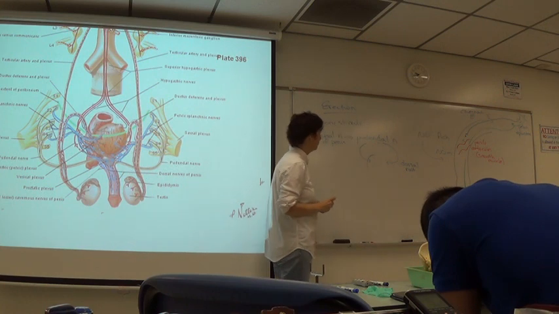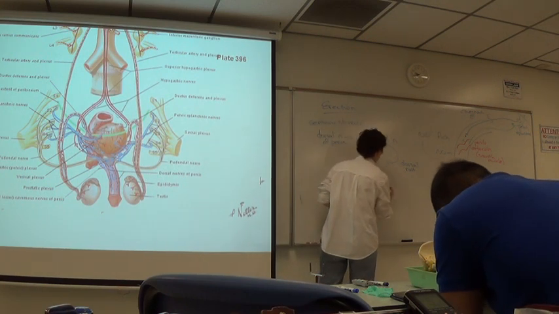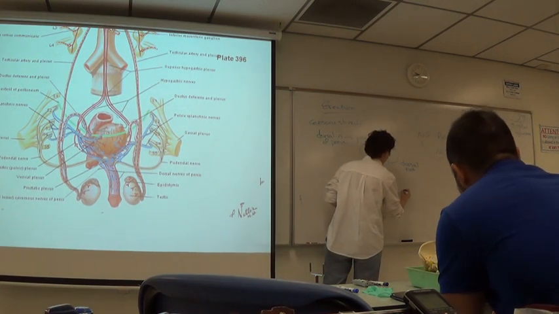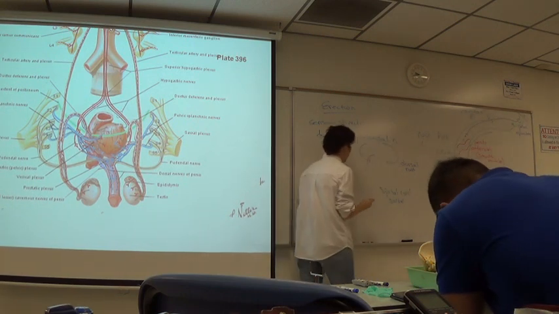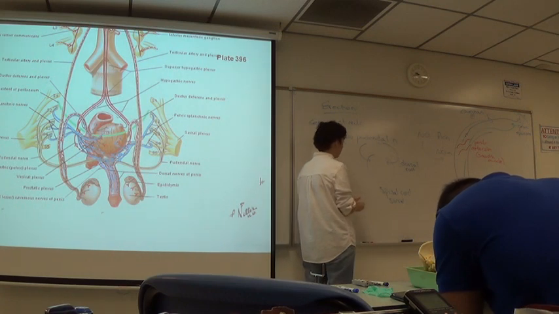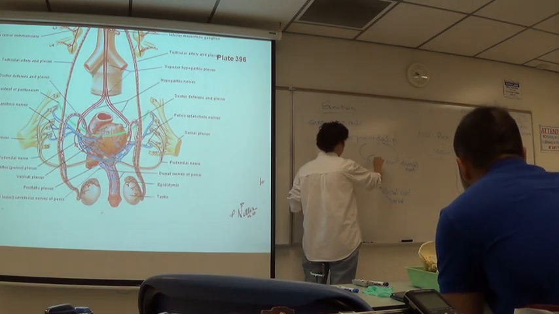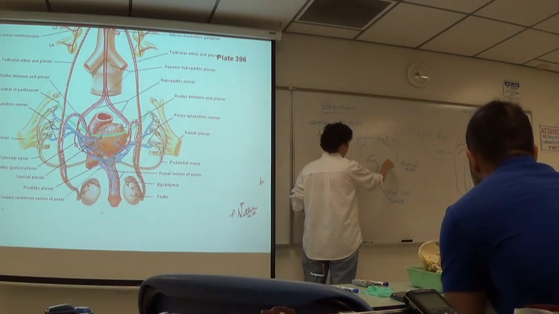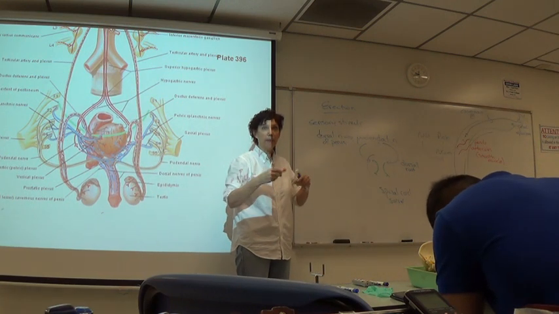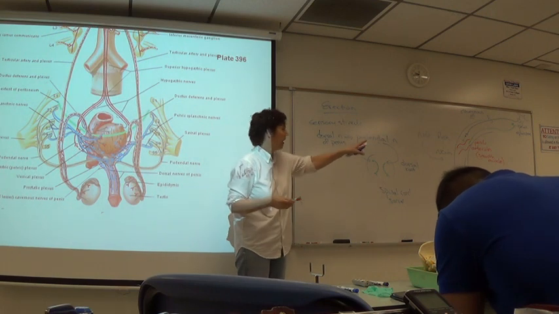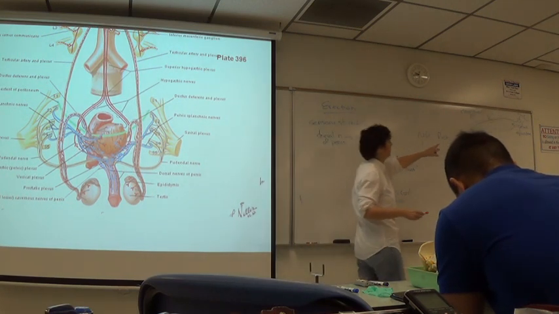The spinal nerve. And then it's going to form an arc with the preganglionic parasympathetic cells that are our pelvic splanchnic nerves.